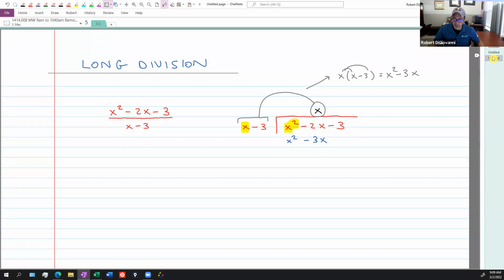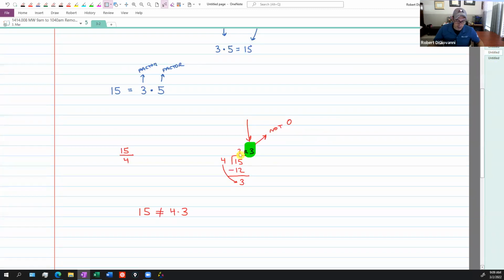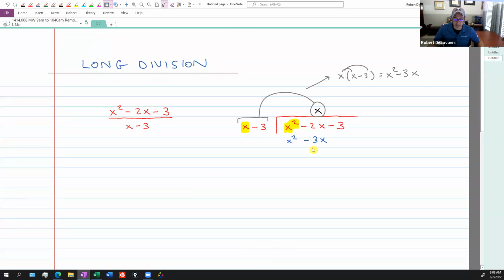Now, what did we do back in elementary school? We said 4 times 3 is 12, and then didn't we subtract the 12? That's exactly what we're going to do here. We have to subtract this, which changes the signs. It changes that positive x squared to a negative, and this negative here to a positive. Then we add straight down.